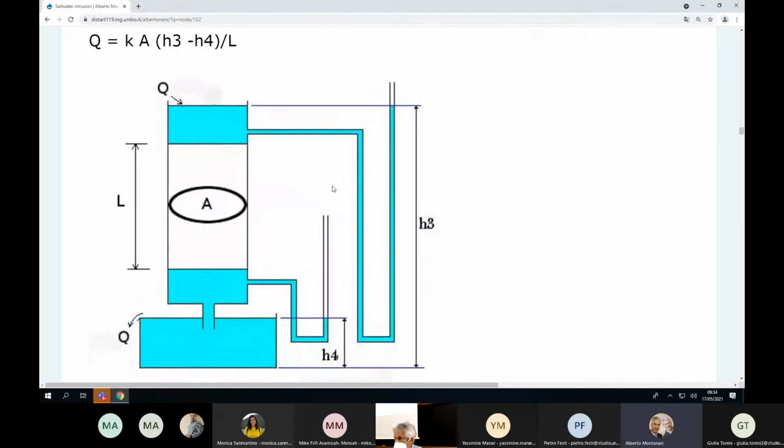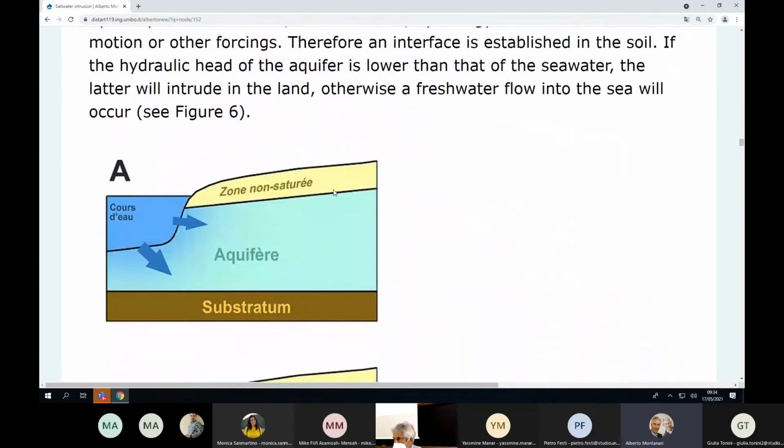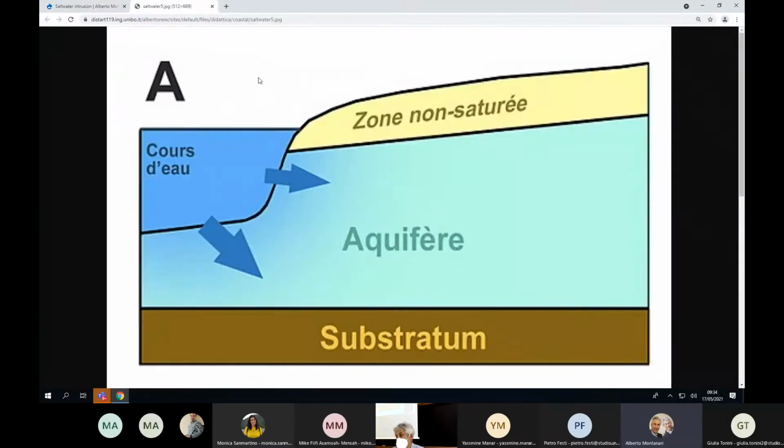Let me refer to a figure on the screen. This is the condition, it's in French, but I think you can understand. I have a separation between salt water in dark blue and fresh water, which is light blue.